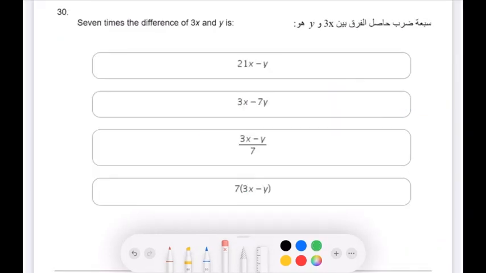7 times the difference of 3x and y. When they say 7 times, you know that the word times is equivalent to multiplication.